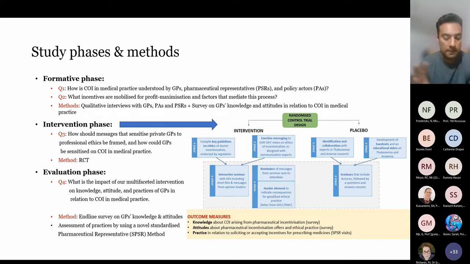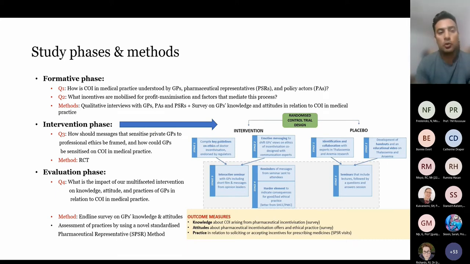And also we have developed a very novel method of measuring the impact of the intervention on GP practices through a standardized pharmaceutical sales representatives method, which we call SPSR method, in which we trained several researchers to act like pharmaceutical representatives, and we send them out to GP clinics and offer GPs some incentives. And this is how we attempted to assess the impact of the intervention.